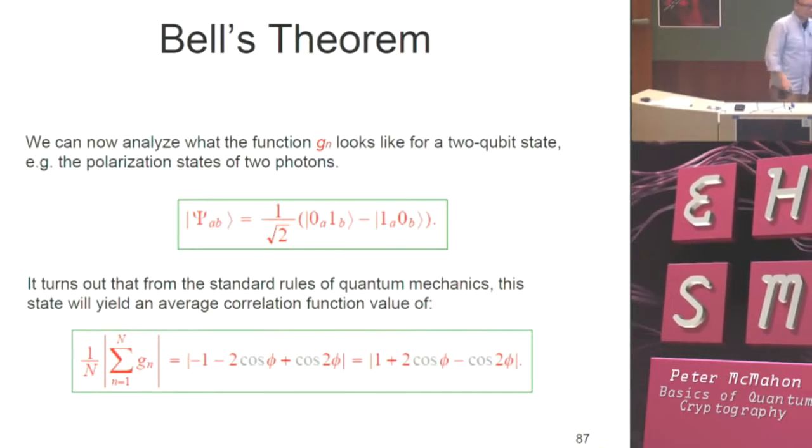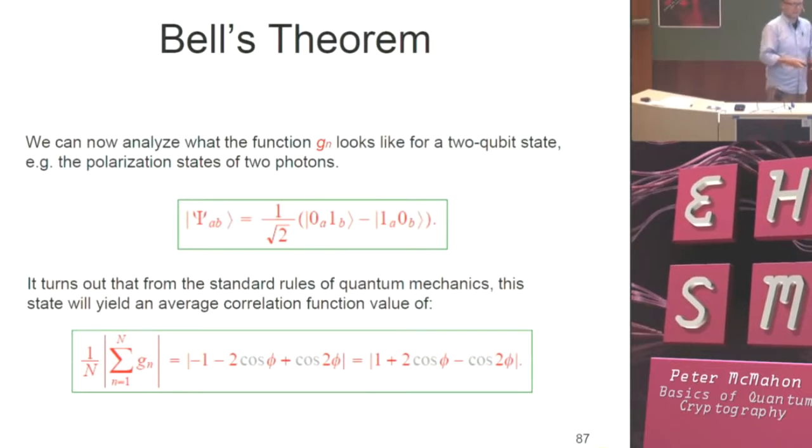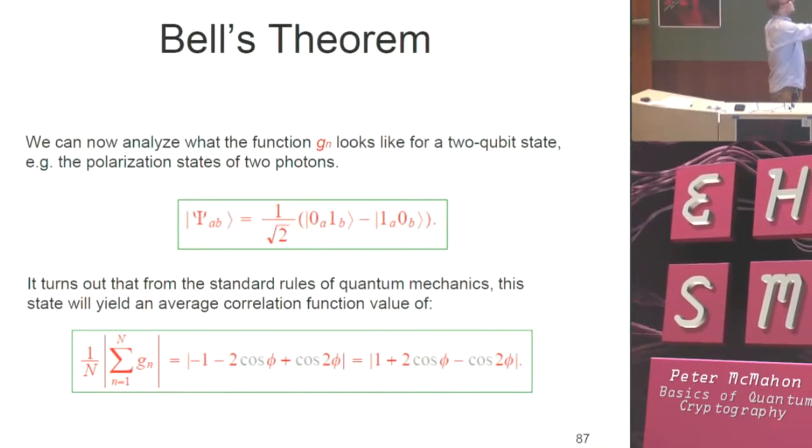You end up getting this expression here, where the angle theta refers to the angle of the diagonal basis. So it's not just H and V and D and A, but H and V and then some basis that's offset from H and V by an angle theta. And this is the expression you get for the average of G.